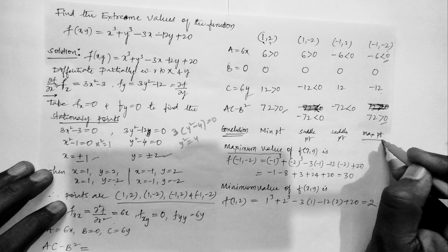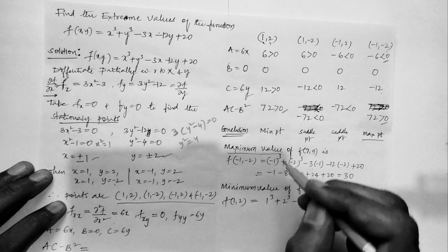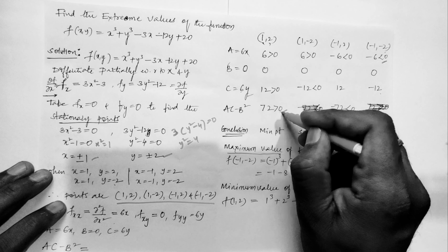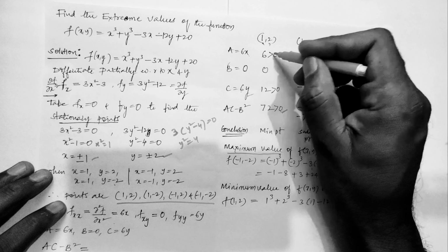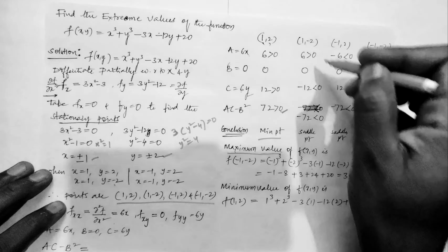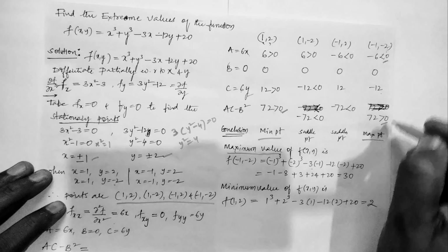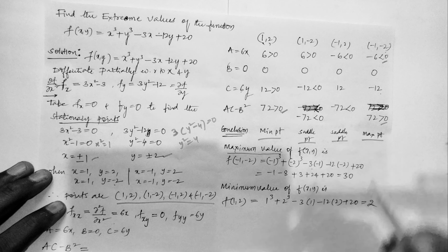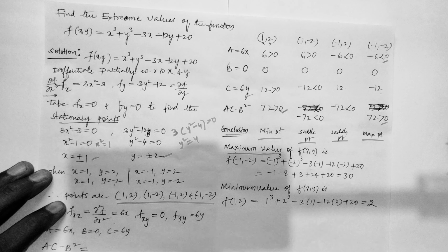We call it a maximum point. For the minimum point, AC minus b square is greater than 0 and A value is also greater than 0. We call it a minimum point. So other values do not belong to this category, therefore we call them saddle points.